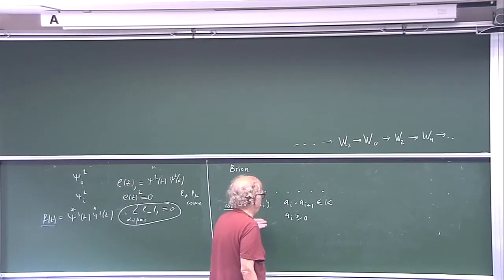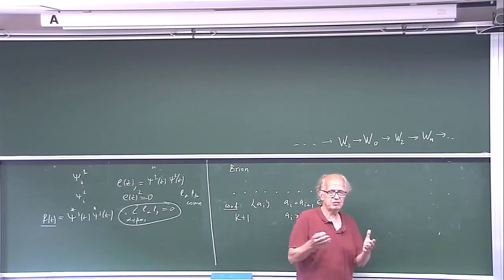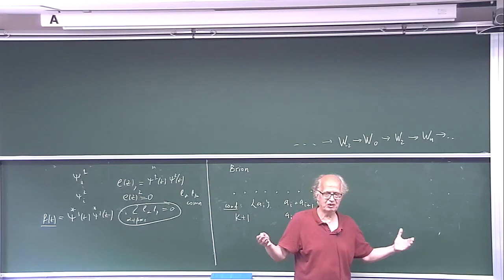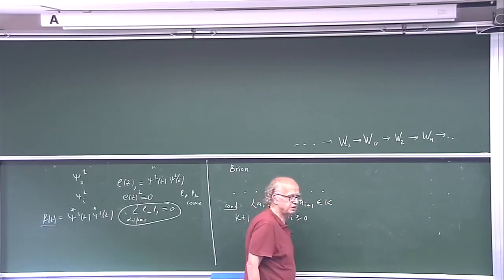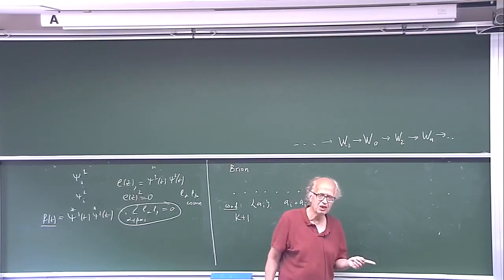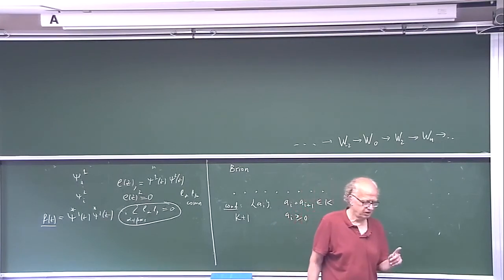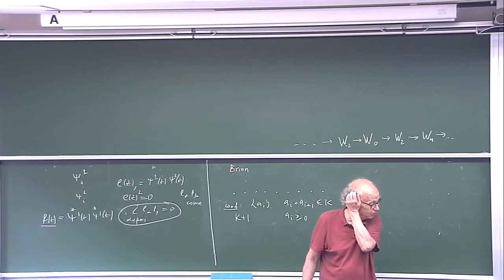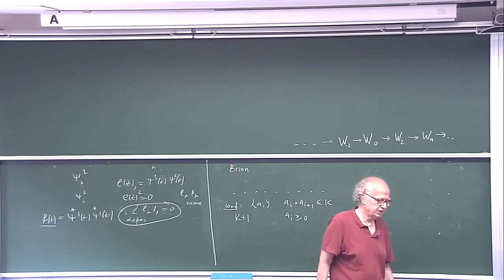So what we are actually doing here: we have some infinite dimensional polytope, defined by these inequalities. We have integer points there, and we have to calculate some kind of discrete integral over these points.